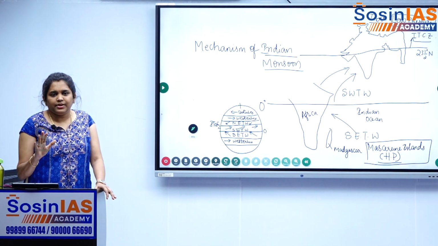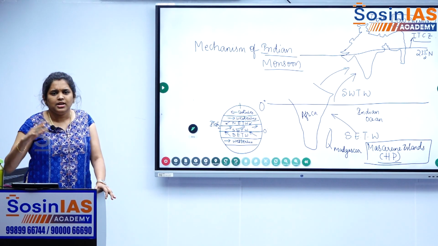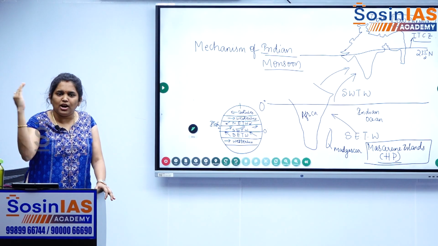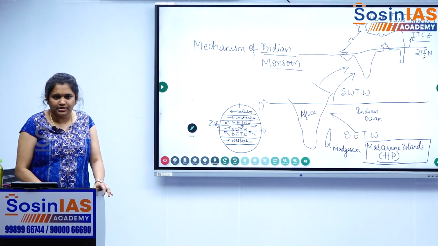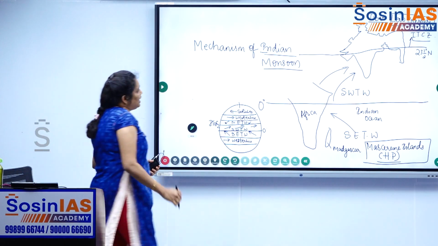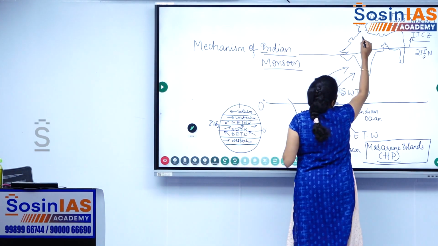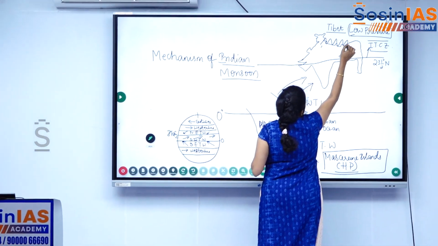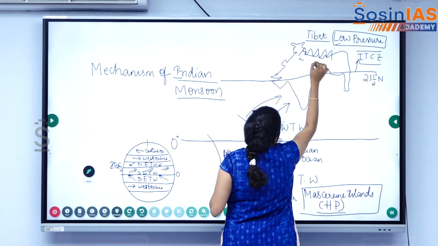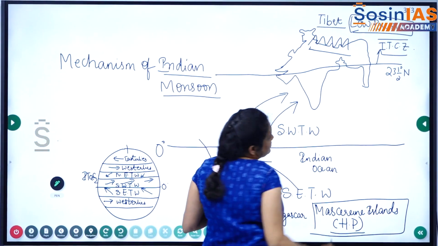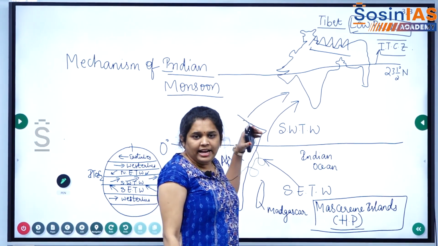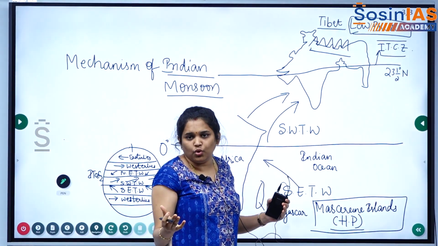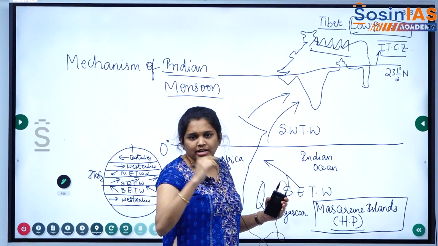Jet stream means, as of now, just remember, there are high speed winds which will blow. It means jet stream will obstruct the monsoon winds. In India we have the Himalayas over here, and we have the Ganga plain below this. At that region, we have subtropical westerly jet streams, moving from west to east.